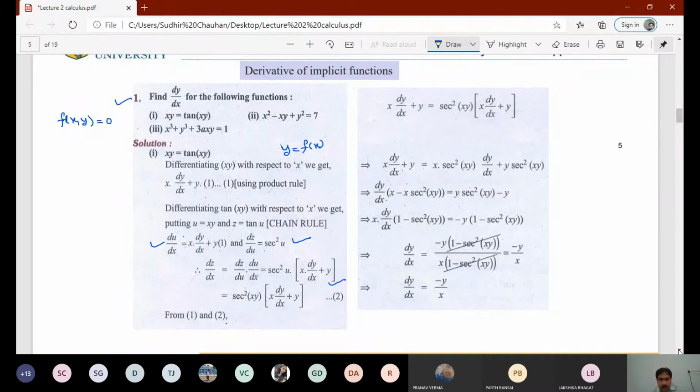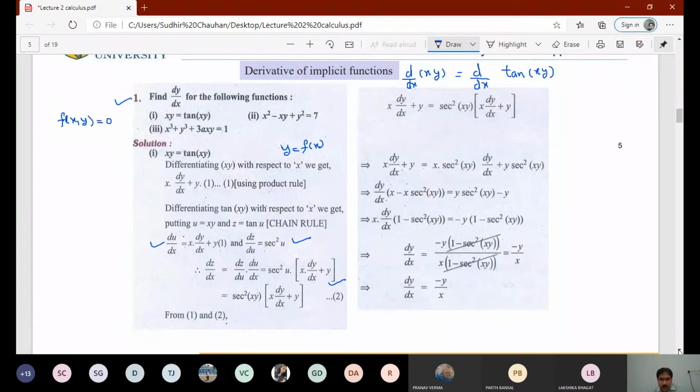So here we can write, that is from the original question, it is the differential with respect to x of xy, and it is the differential of 10xy. Now we can put the value.